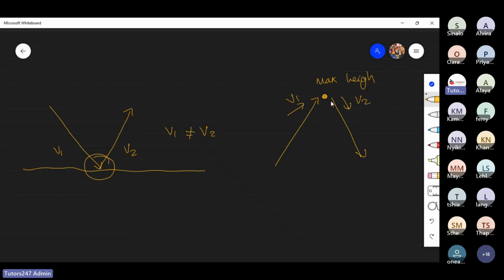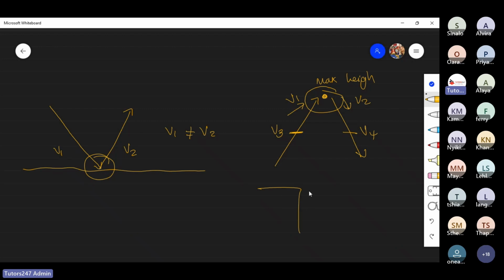Why? Because when the object reached a maximum height, it did not collide with anything. It's in the air. There was no collision that took place. That is how we are able to state that the velocity just before maximum height will be the same just after. That is how we're able to say that the velocity here, let's call it V3, is the same as the velocity here, let's call it V4.